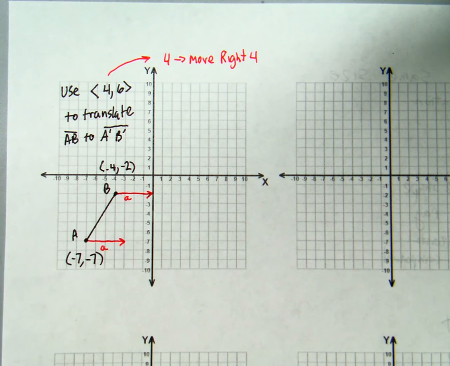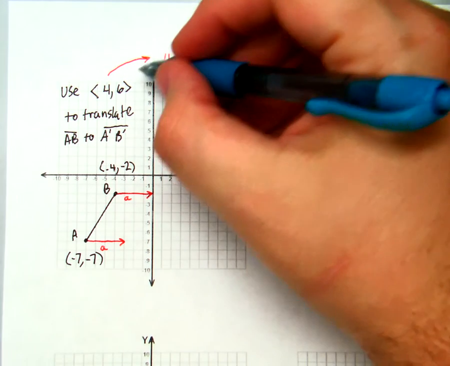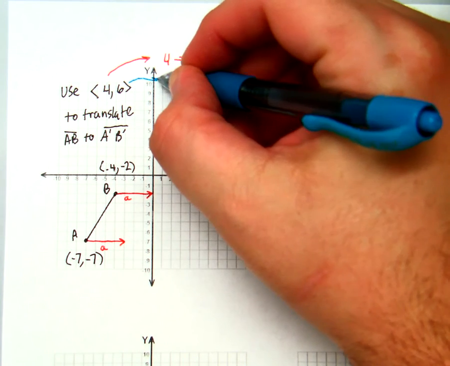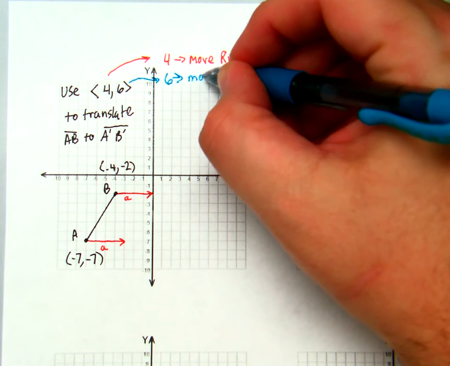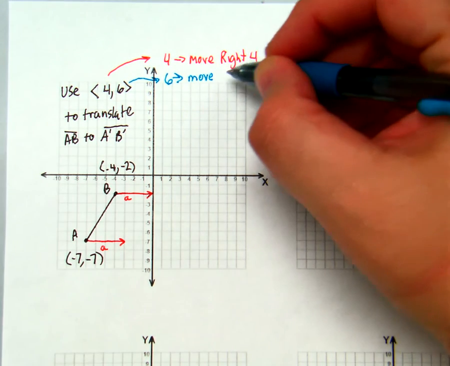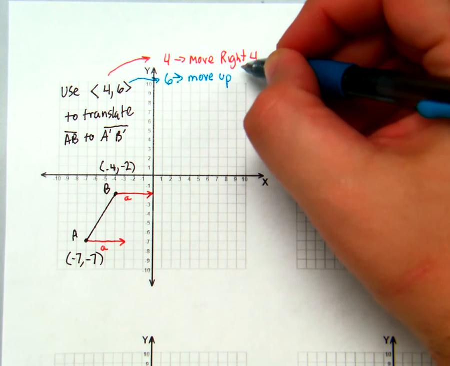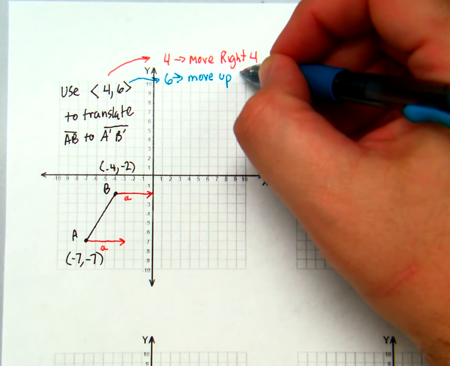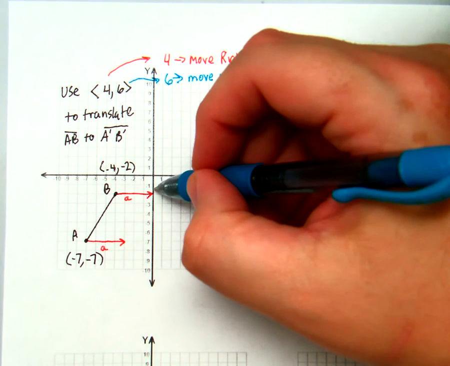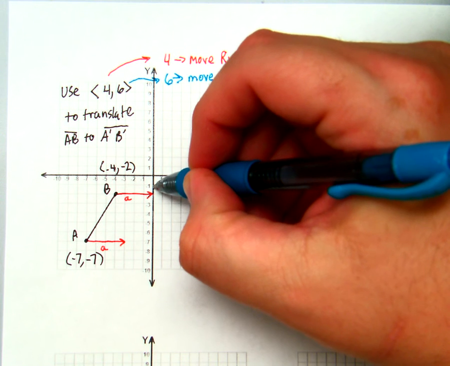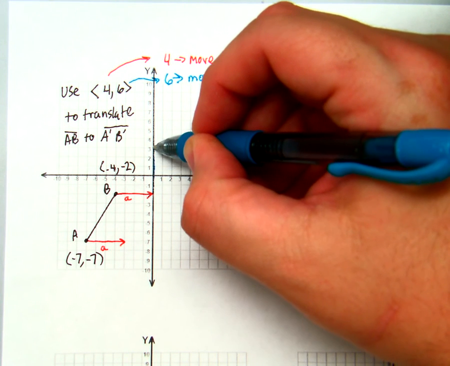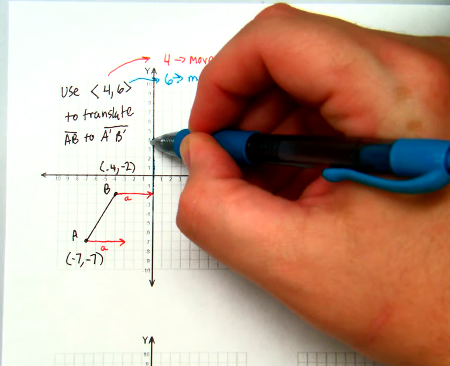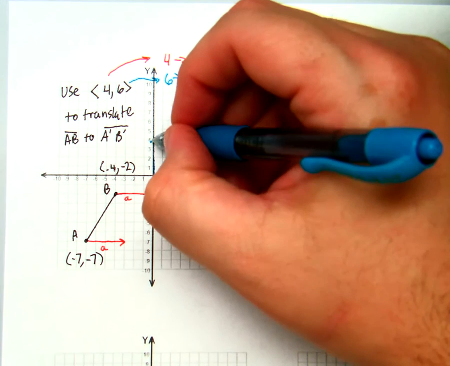Now, what does the 6 represent? We're going to move up how many spaces? 6 spaces. So I'm going to take this one and go up 1, 2, 3, 4, 5, 6. And I know you can't see that one perfectly, but there's B prime.